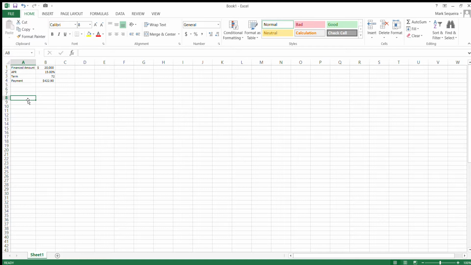Okay, now once you know this, a lot of times your finance company or your bank will send you what they call an amortization schedule in the mail. This definitely happens when you buy a house, which is a similar concept to what we're talking about here.